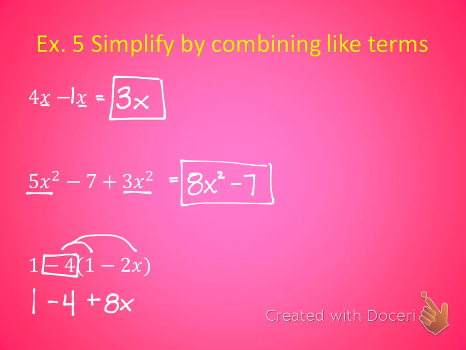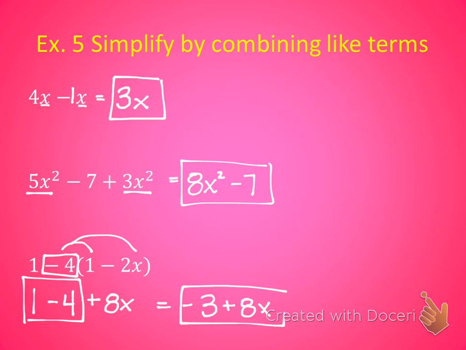Okay, what are my like terms now in this problem? 1 and negative 4. Guess what? Like terms can be numbers without variables. They're just regular constants. What is 1 minus 4? Negative 3. So I'd write negative 3 plus 8x. Now this time 8x is a loner. He doesn't have anybody to combine with. Okay?